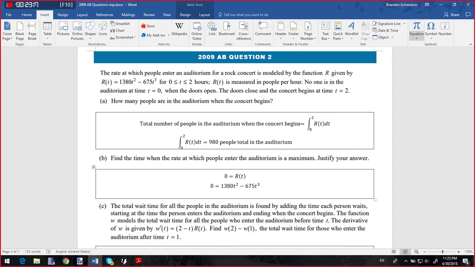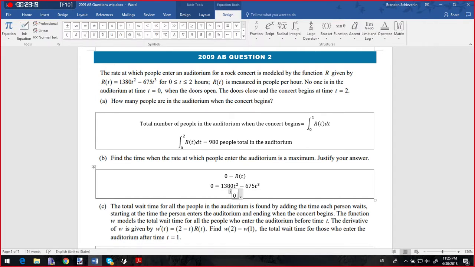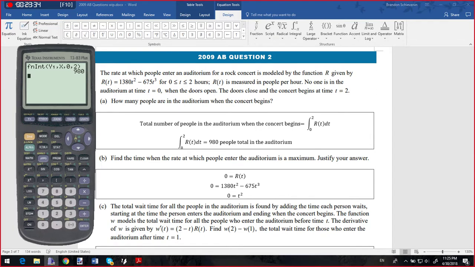I'll have this: 0 is equal to t squared times 1380 minus 675. I think I could divide by 5 at least. I might be able to do more than that. If I do 75.